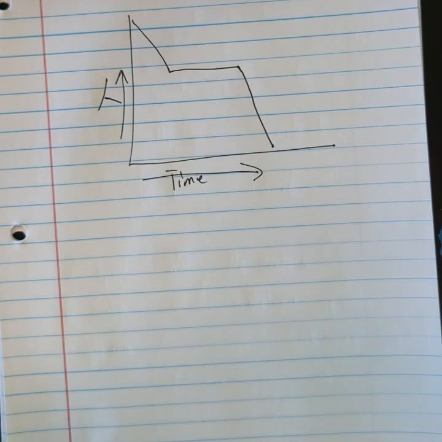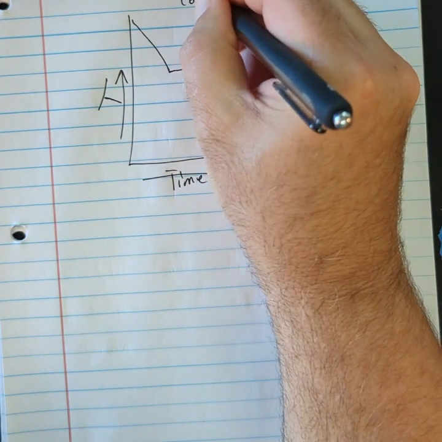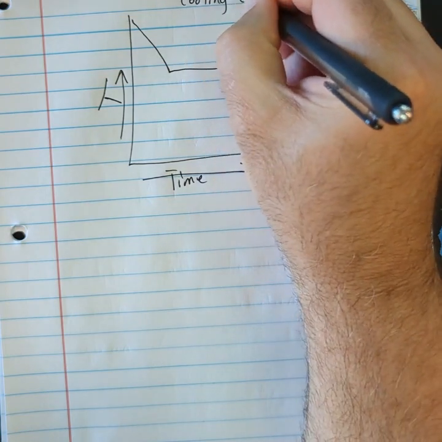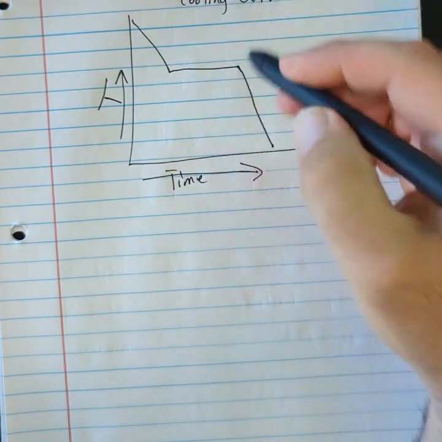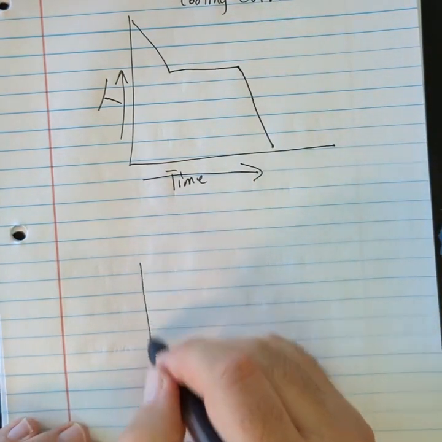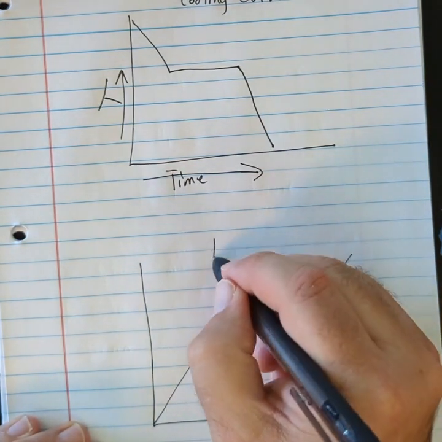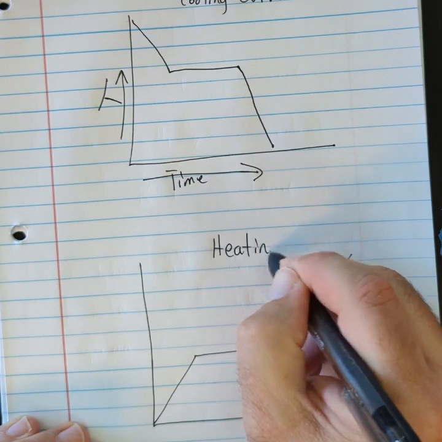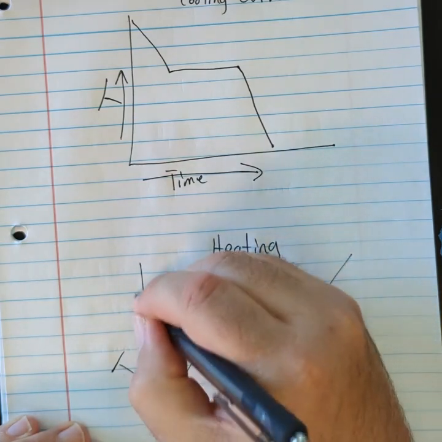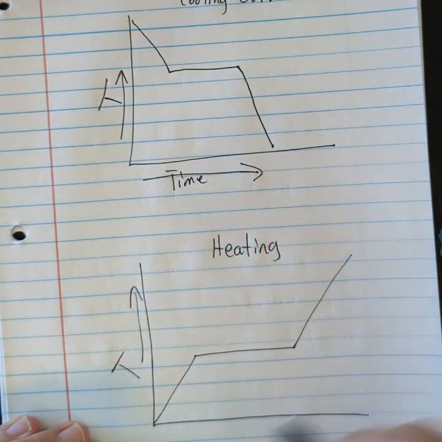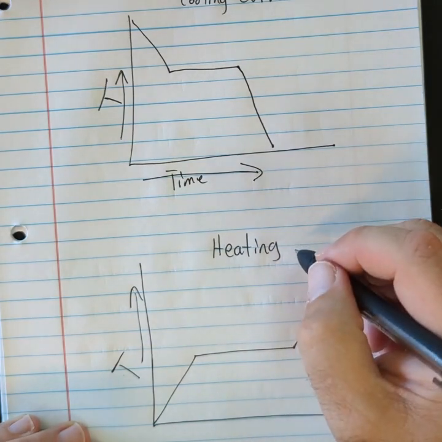So what we can tell here, this would be a cooling curve. I know it's a cooling curve because the temperature is going down. If it was like this, it would be a heating curve because the temperature is going up.